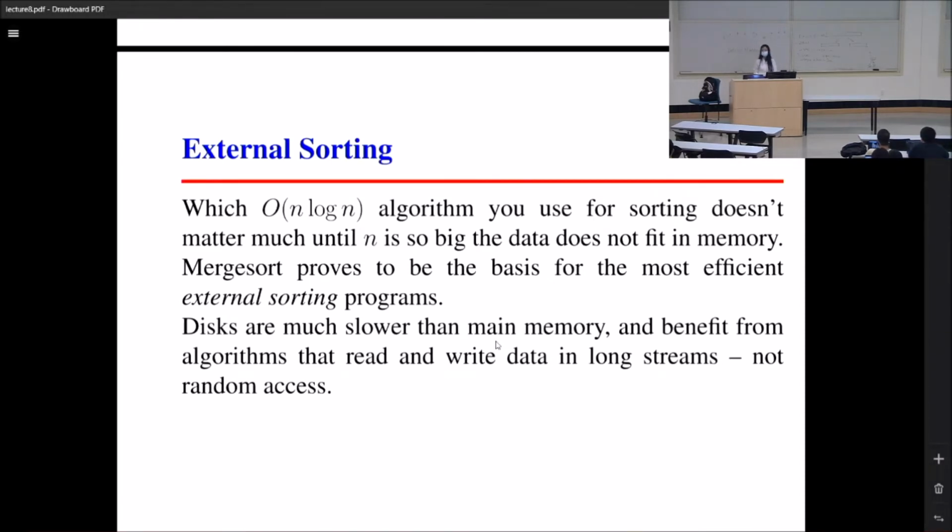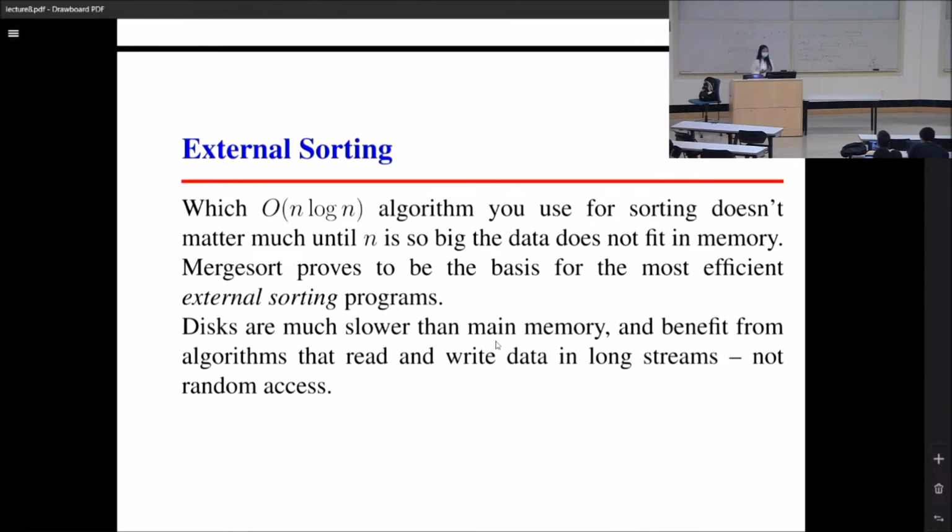For example, Google needs to sort all the websites and give us rank 1, rank 2 as a search result. But there are so many websites in the world. You cannot put them in the memory of only one computer. So in that case, you need external sorting.